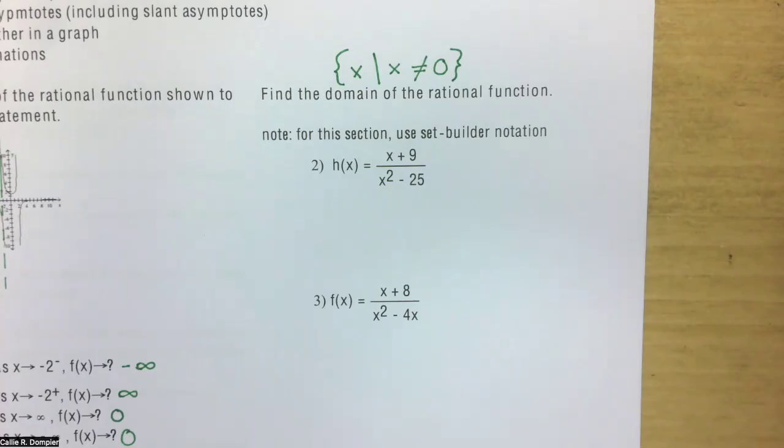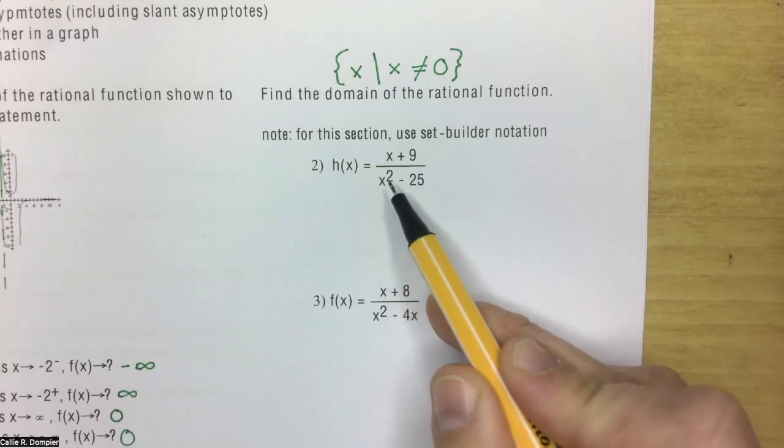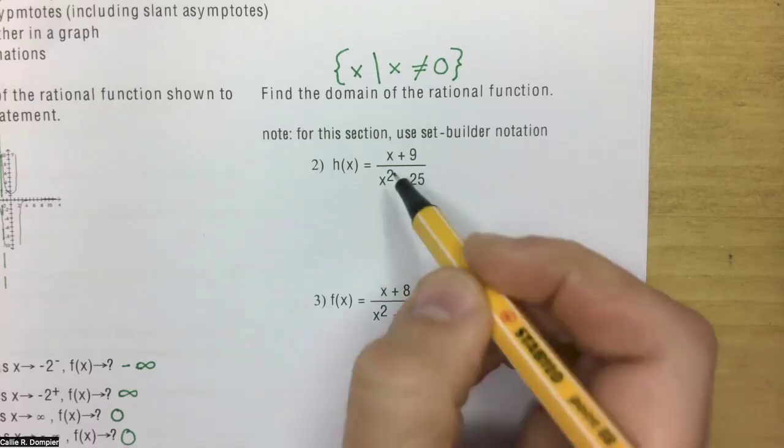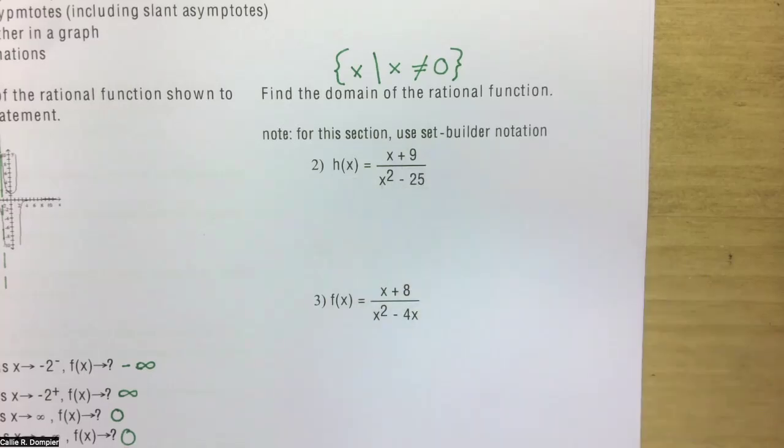So to find the domain of a rational function, we want to set the denominator equal to 0, solve that for x, and then the domain will be every value except what x equals in the denominator. Why? Because again, just like 10 divided by 0, we don't want this to ever become 0, right? If this is 0, then that is something that we cannot graph.